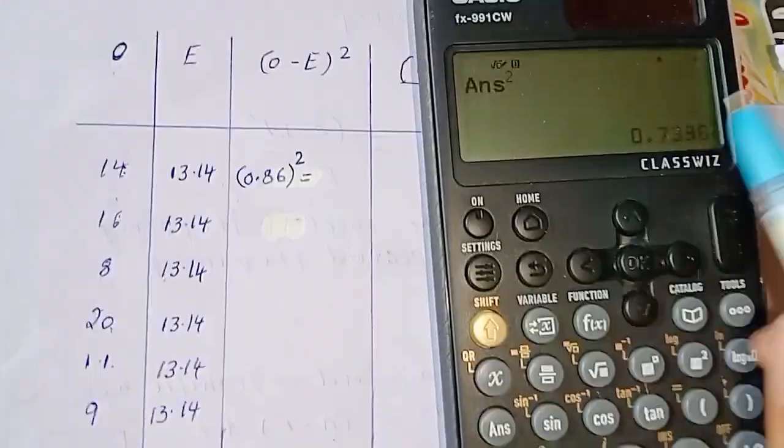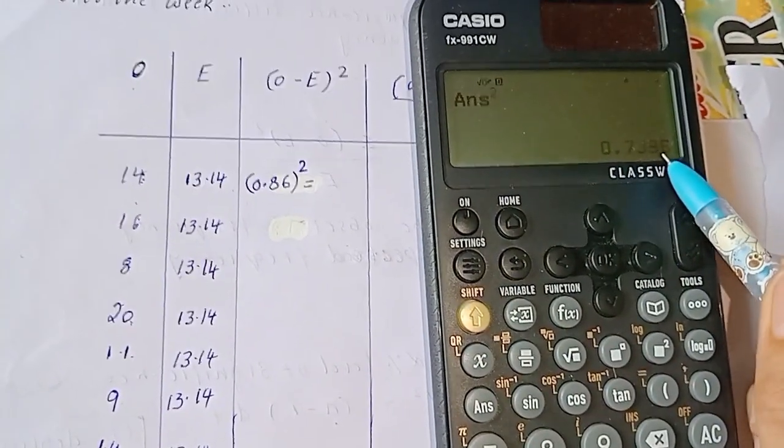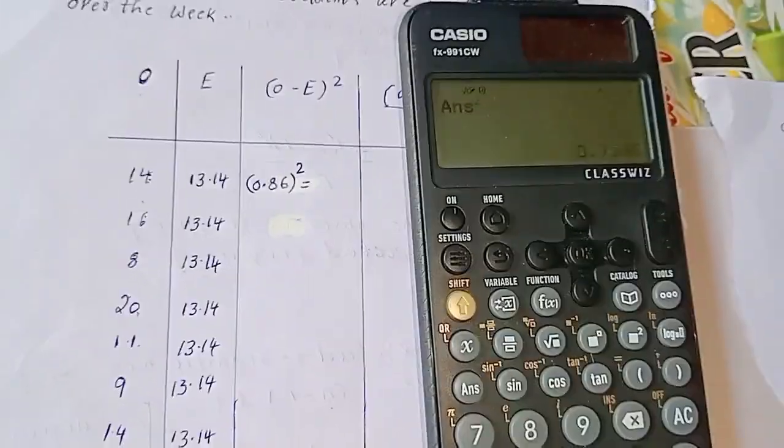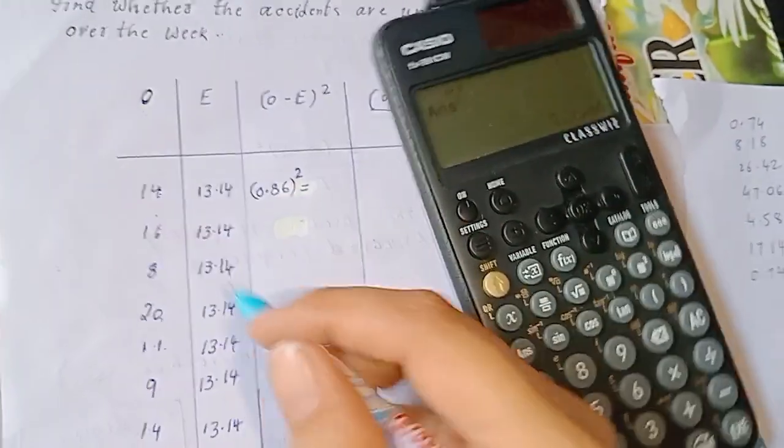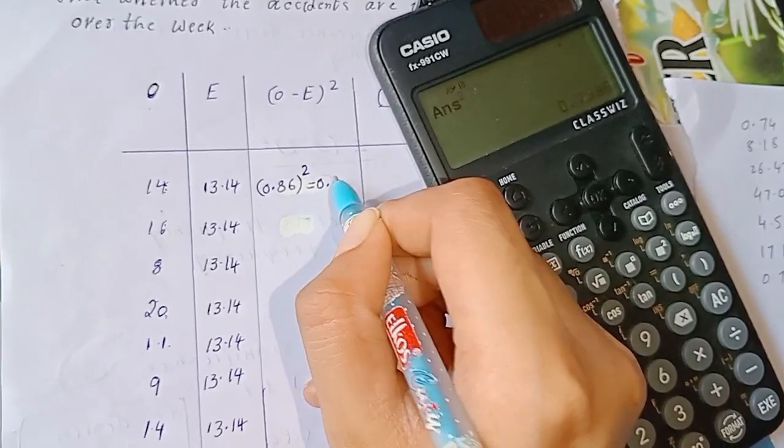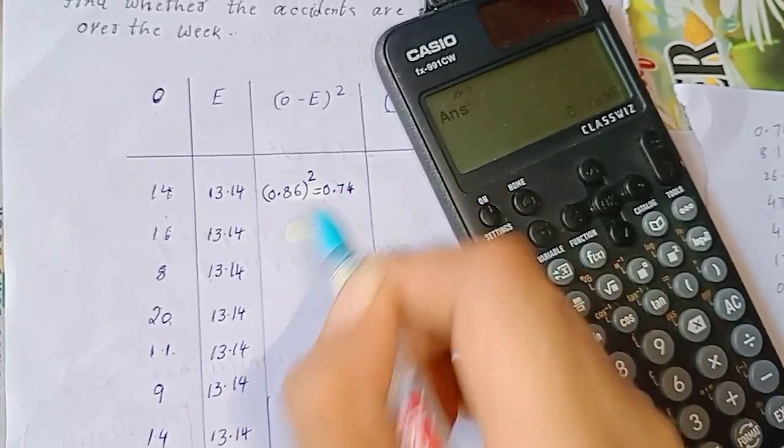We got the value 0.7396, which rounded is 0.74.